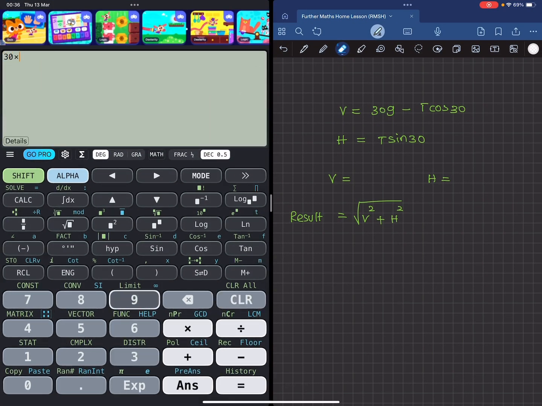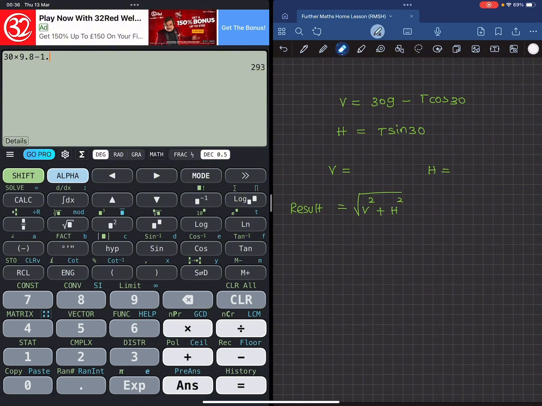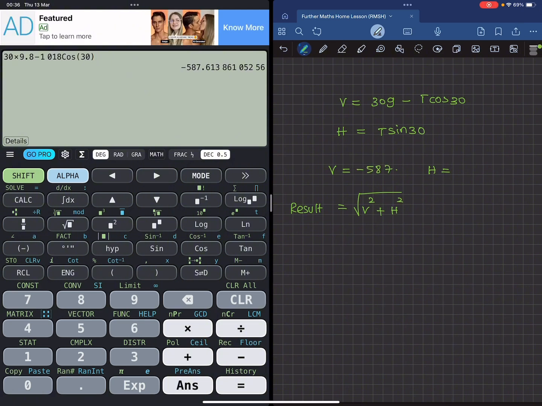So I'm just going to put this in the calculator. 30 times 9.8 minus that T answer, which is 1018 cos 30, and that's 587.613.